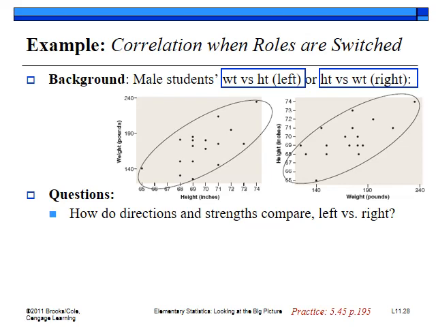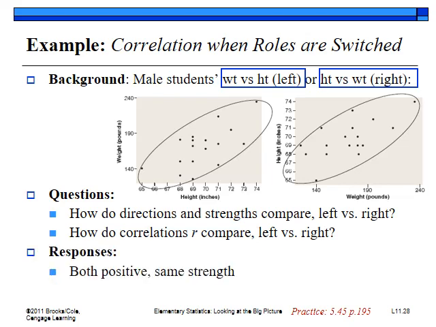Now, these scatter plots each show exactly the same set of data. But notice that they are both positive linear relationships, and they seem to be about equally strong. How do their correlations compare? Well, since they're both positive and they have about the same strength, we would expect the R to be the same for both, and it is.